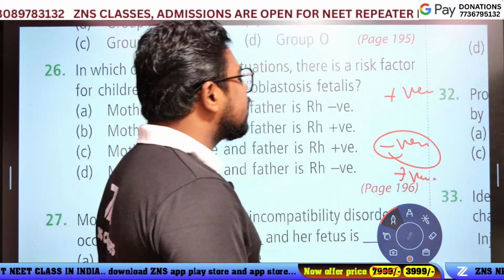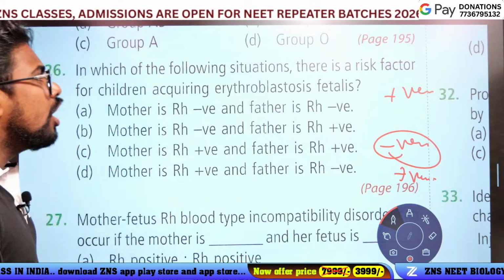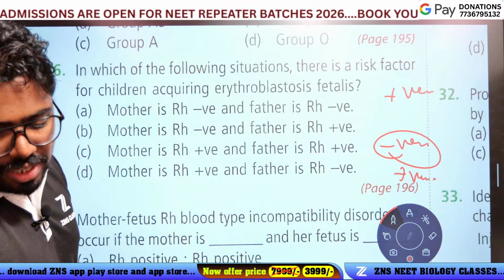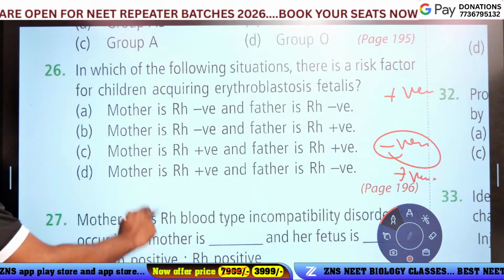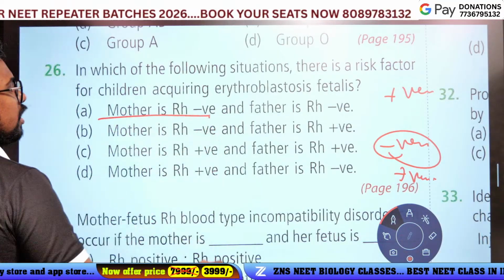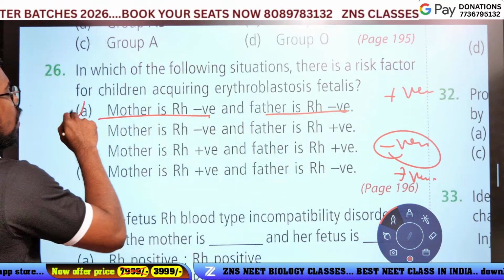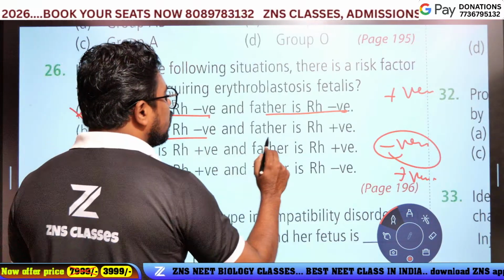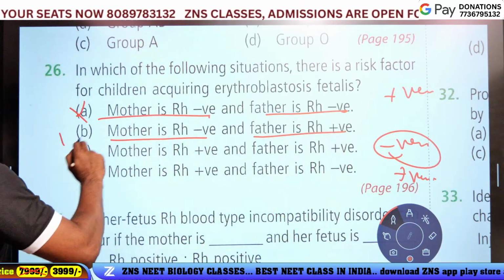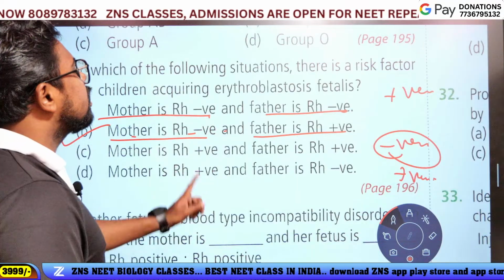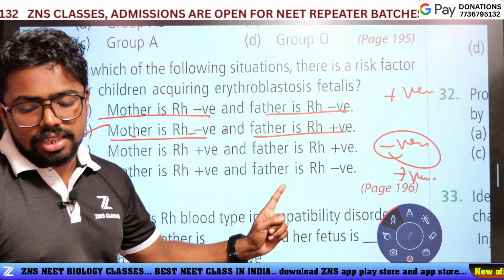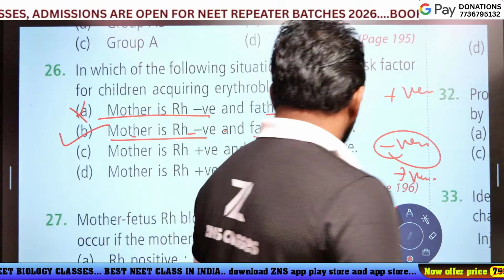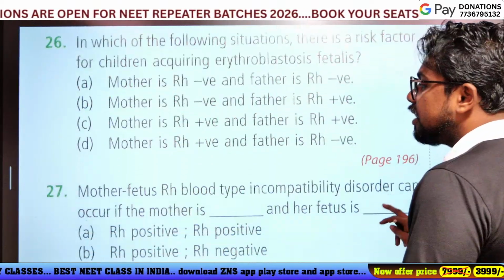That condition leads to erythroblastosis fetalis. The mother is Rh negative and the father Rh positive. Which is the answer? Option B is the answer.